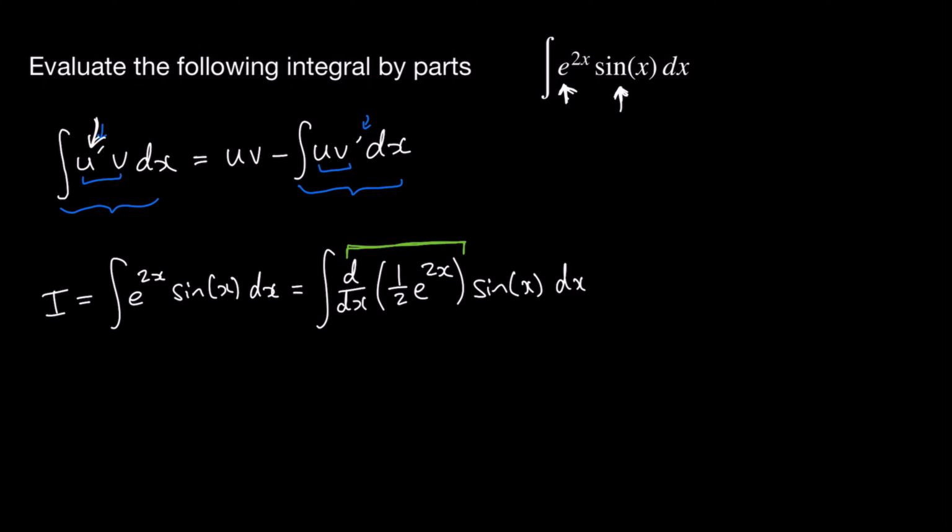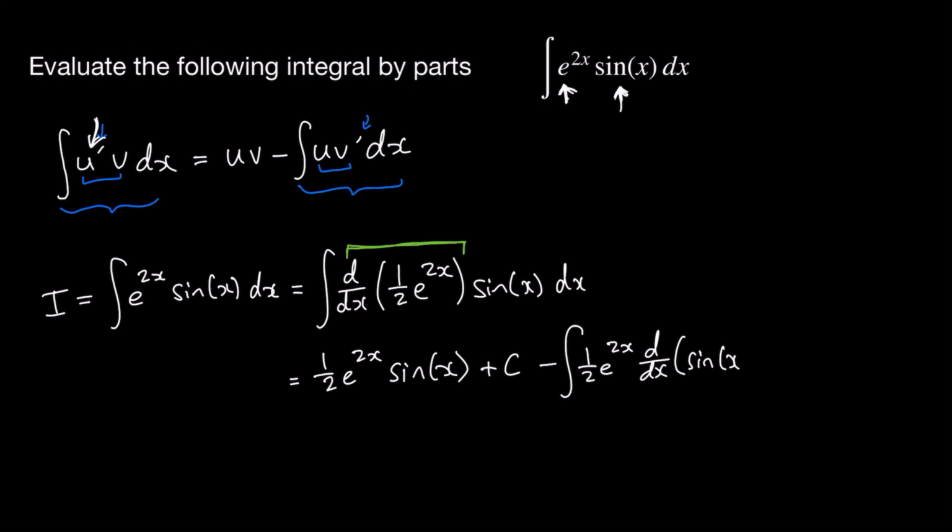Now I'll apply integration by parts, and I get first uv, so half e to the 2x sine x, and because this is an indefinite integral, I ought to have a plus c here. And then I have minus this integral of half e to the 2x, and then the derivative of sine x.